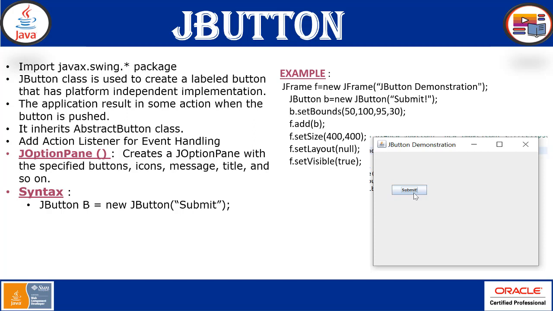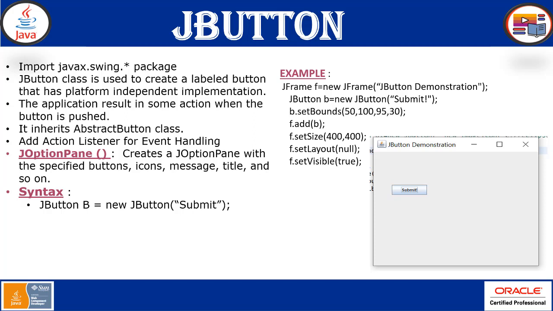Now JButton is a class which is included in the javax.swing package. So all you need to do first is import the javax.swing.* package in your class. Next we need an object of the JButton class. The JButton class is used to create a labeled button that has a platform independent implementation.